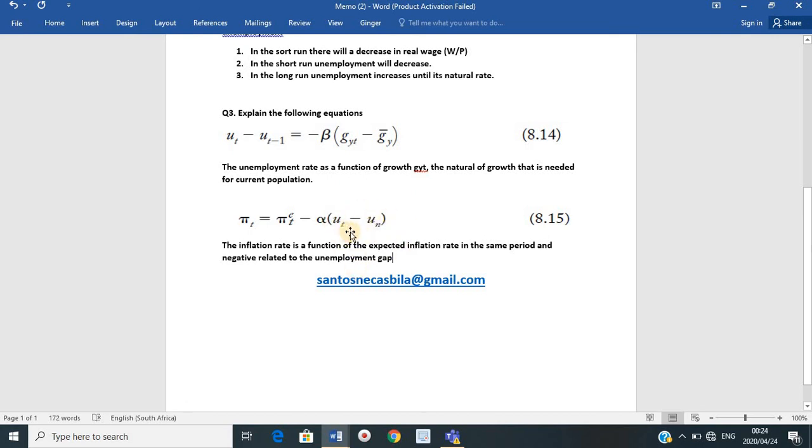That means it is the unemployment in period t minus the natural unemployment. And alpha, which is this one, we can just say alpha basically shows the strength of the relationship, or we can say it is the elasticity given the unemployment gap. All right, thank you.